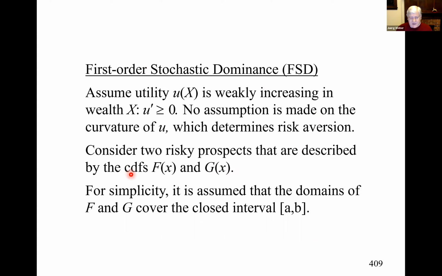Which prospect does the decision maker prefer? We do not know the utility function. The only thing we know is that the decision maker prefers more to less. The utility function is upward sloping, but that's really all we know.